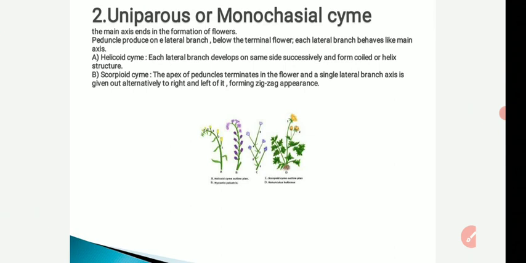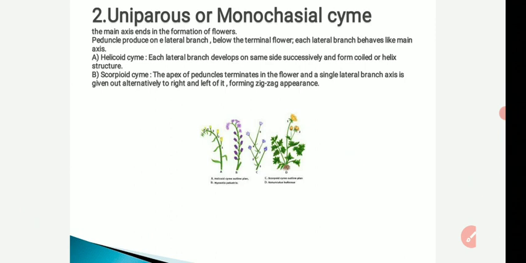Now the second type, that is scorpioid cyme type of inflorescence. Here in this type, the apex of the peduncle terminates in a flower and a single lateral branch axis is given out alternately to the right and the left of it, forming a zigzag appearance. Hence, the inflorescence is known as scorpioid. Examples of scorpioid cyme are Ranunculus bulbosus, Heliotropium, or Trichodesma.